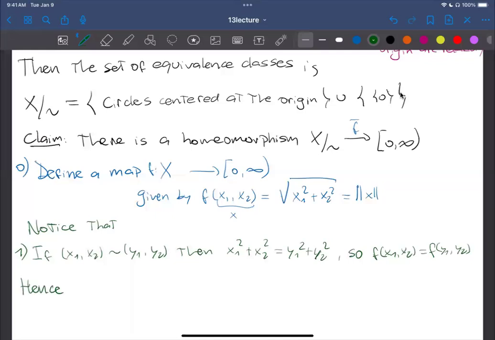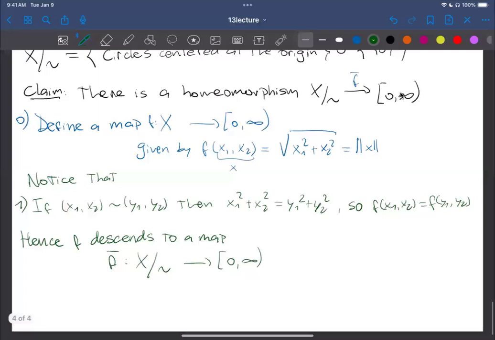So our f descends to a map. We're going to call it f bar from the quotient to the semi-open interval. Okay. What about this f bar map?